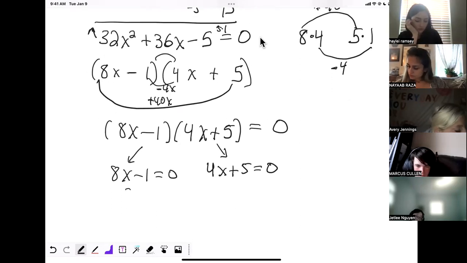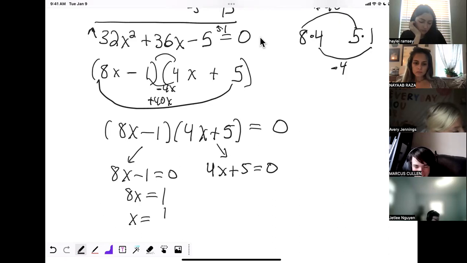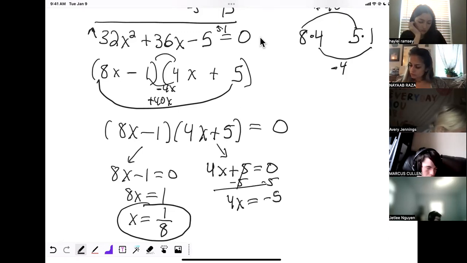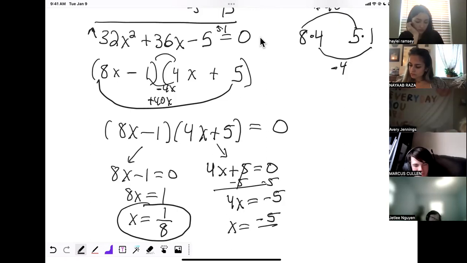So this side, 8x, I'm going to add 1, 8x equals 1, divide by 8, x is equal to 1 over 8. One solution. The next one, subtract 5. 4x equals negative 5, divide by 4, x is equal to negative 5 over 4. And that is my second solution.